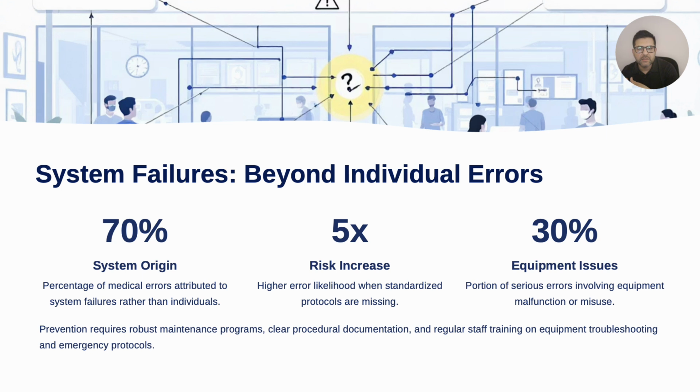Just consider this: a new piece of medical equipment is brought into the hospital, but there's no clear, easily accessible instruction manual or standardized procedure for its operation. Or in an emergency, different teams respond in different, uncoordinated ways because there's no standardized protocol for that specific type of event. Confusion and errors are almost inevitable.